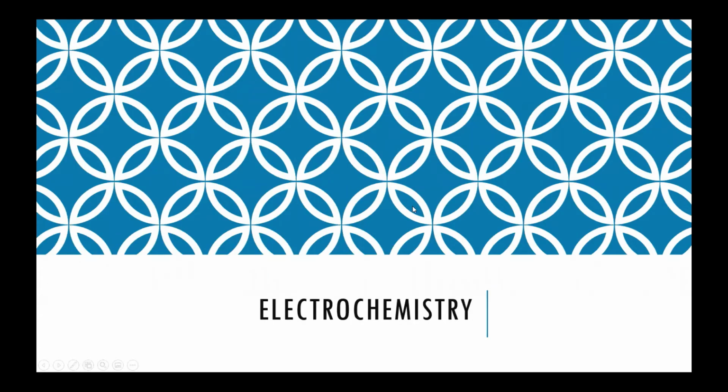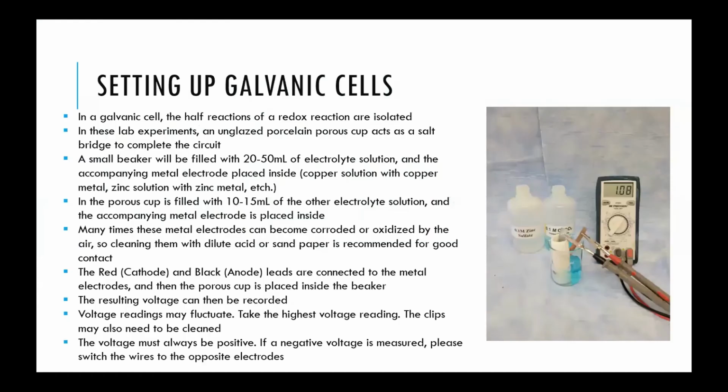In lab, this experiment focuses on a number of different electrochemical cells that you are going to prepare and measure the chemical potential. In the lab, you'll prepare these galvanic cells or these chemical batteries using a small beaker and a porcelain cup.